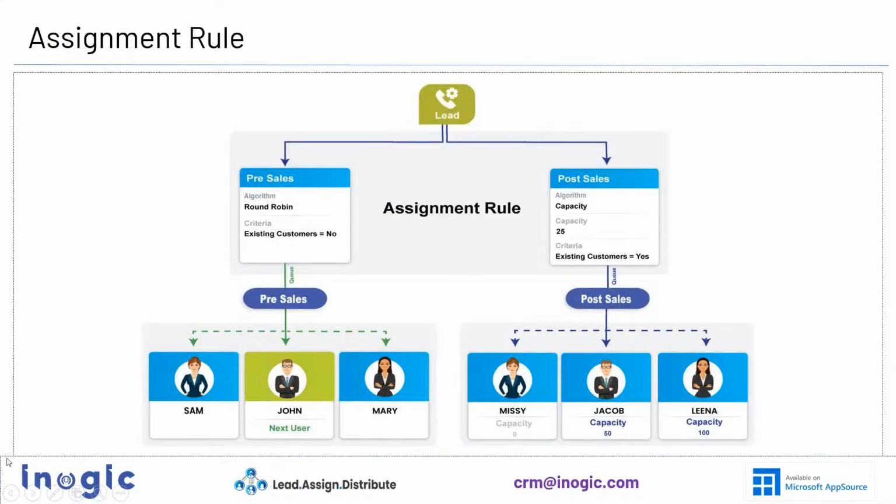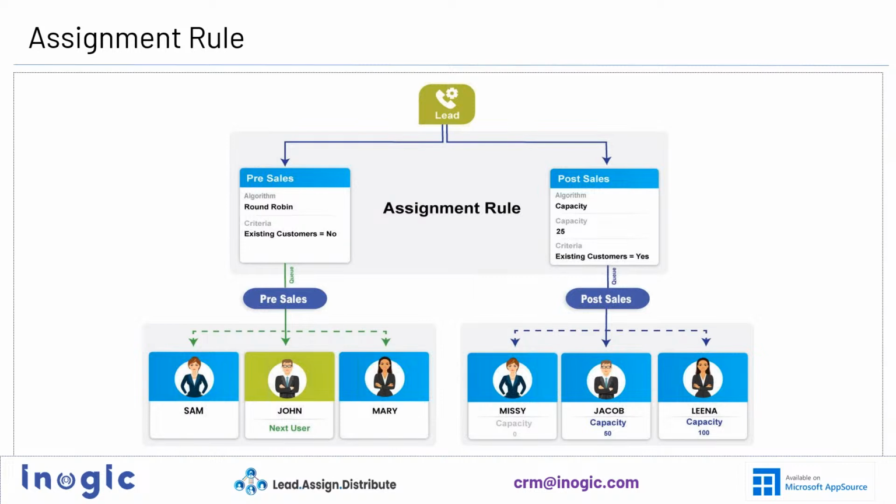So we are assuming that the maximum work items is 20 in this case. So let's say if Sam is already occupied or has been assigned 20 lead records on that day under his name, then Sam will not be considered by our solution to assign any more new leads or records.